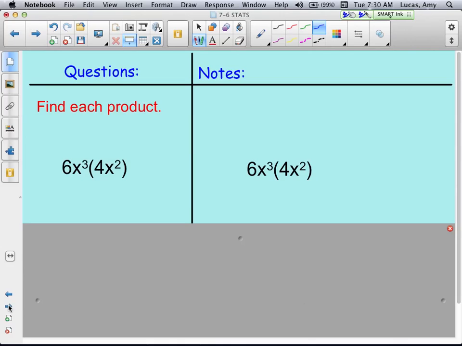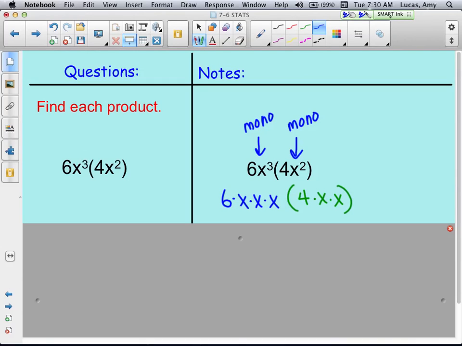Okay, find each product. This is a review to begin because we've got a monomial times another monomial. And we worked with these earlier in chapter 7. We taught you that 6x to the third, if you expand it, would look like this. And then 4x squared would look like this.